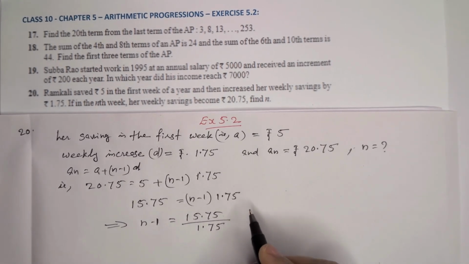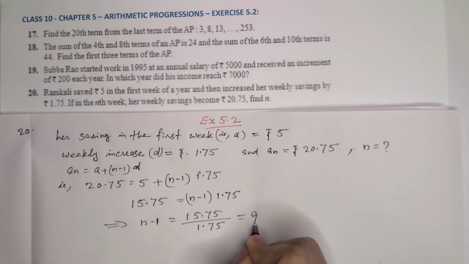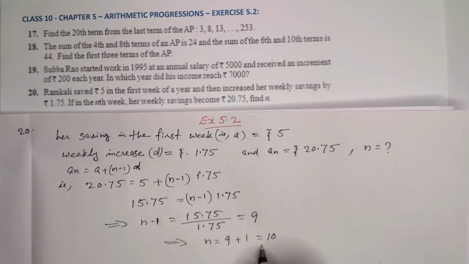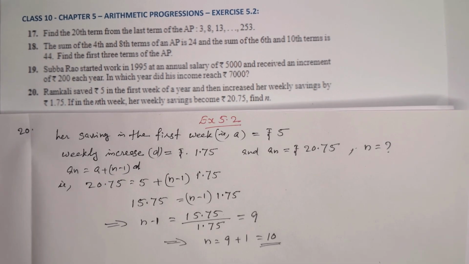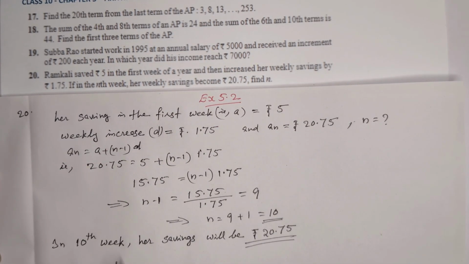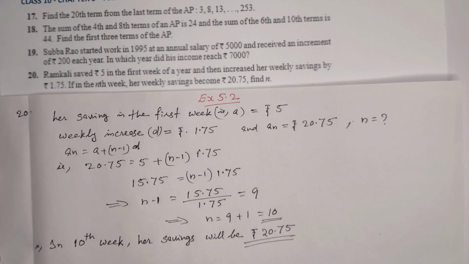Decimal places we can move from up and down, so 1575 by 175, when we simplify, will be equal to 9, which means n is equal to 9 plus 1, which is 10. So in the 10th week, n is equal to 10. Therefore in the 10th week her savings will be rupees 20.75.